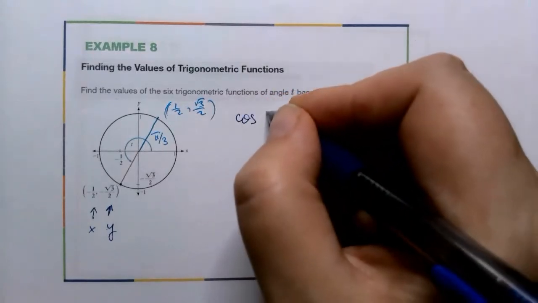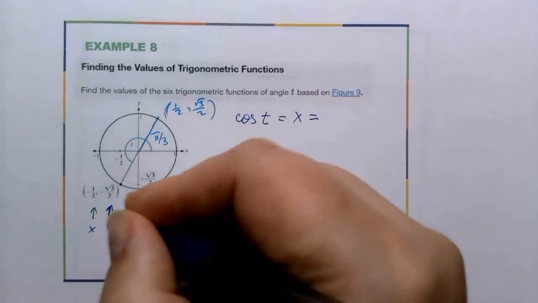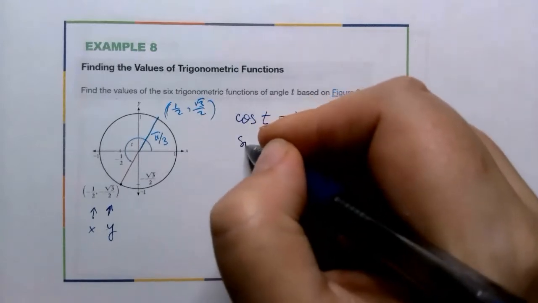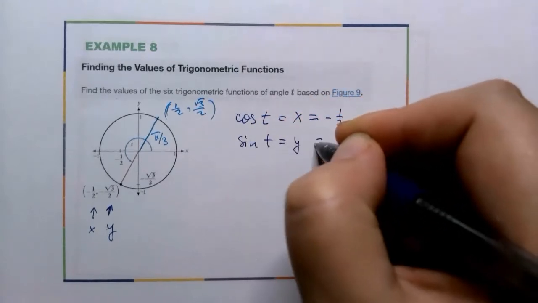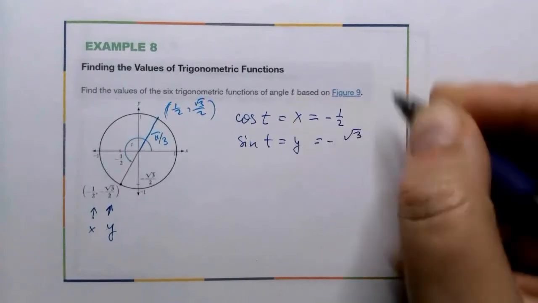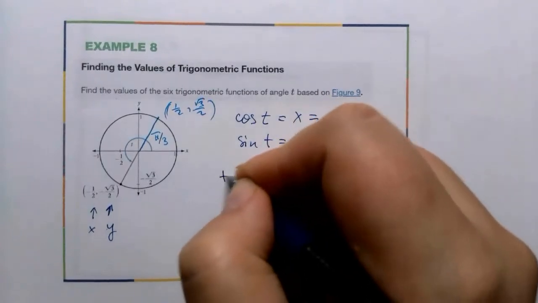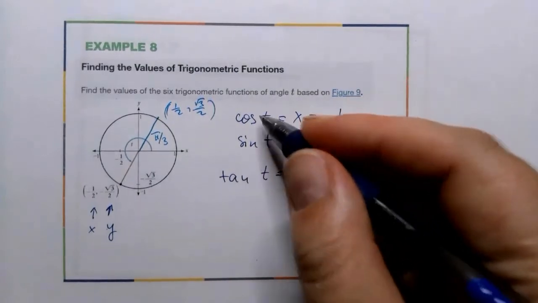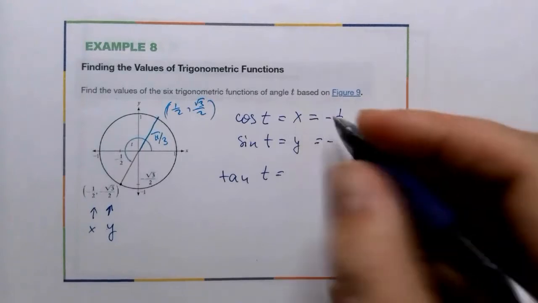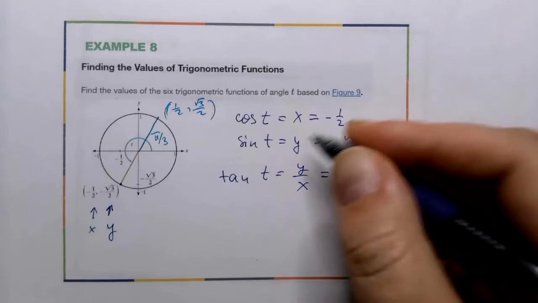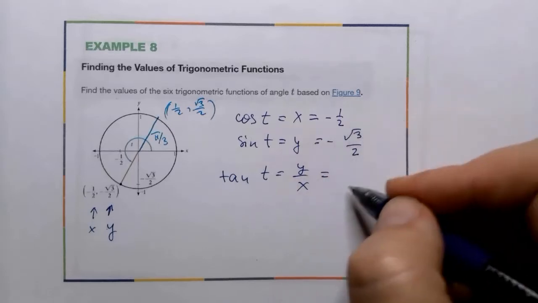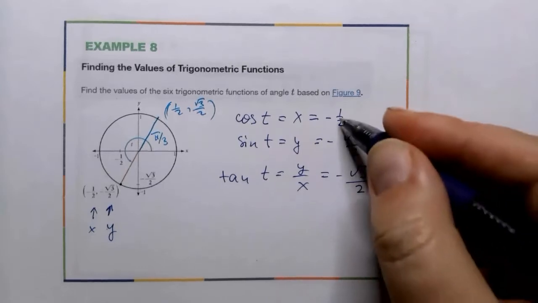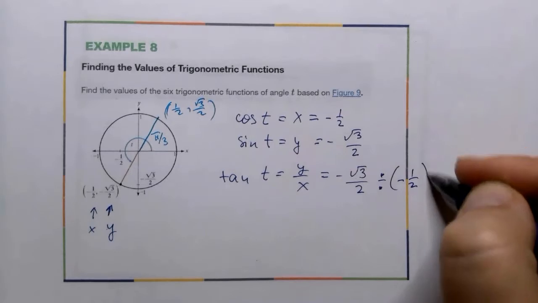cosine of t is the x value, so basically it's going to be negative 1/2. The sine of t is the y value, and it's going to be negative root of 3/2. Tangent t is either sine over cosine or y over x, so y is negative root of 3/2, and you're going to divide it by the x, which is negative 1/2.